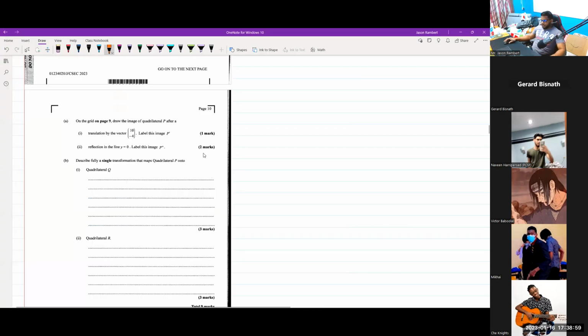Right, so to describe it: P to Q is an enlargement about the point (-10, 7) with scale factor, positive or negative?